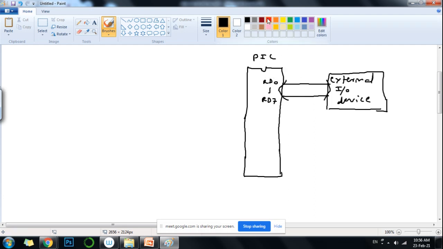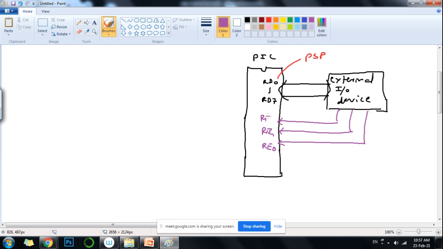When you are operating this as a PSP, parallel slave port, it will be associated with 3 handshake signals which will be provided by the external device, and those 3 handshake signals are received over 3 bits of port E. Suppose this is RE0, RE1 and RE2.